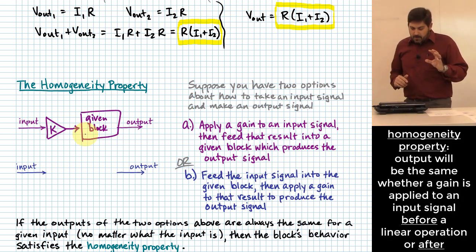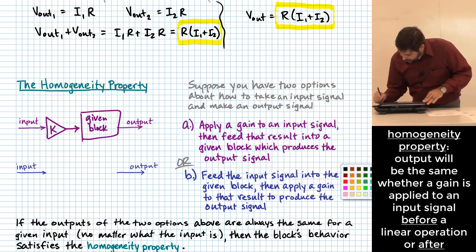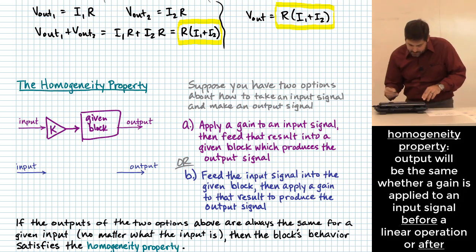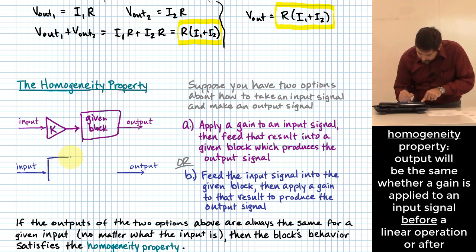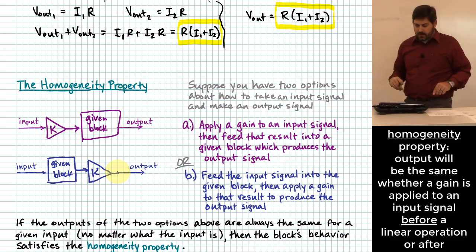Let's say my other option is that, instead of applying the gain first, I first put the input into the given block, and after that I apply the gain.